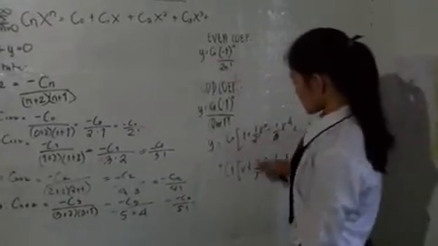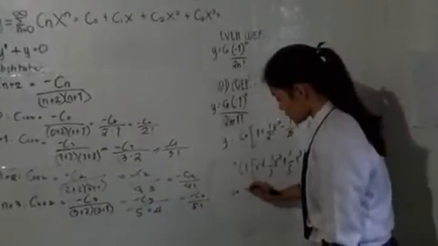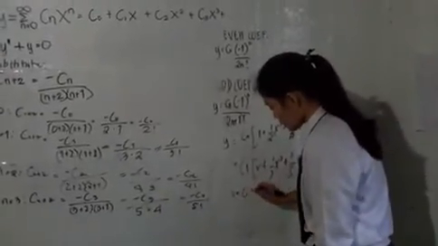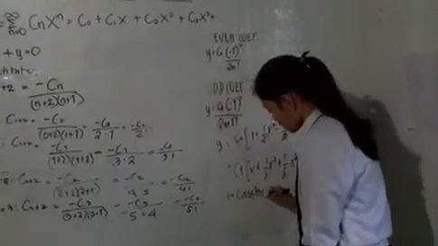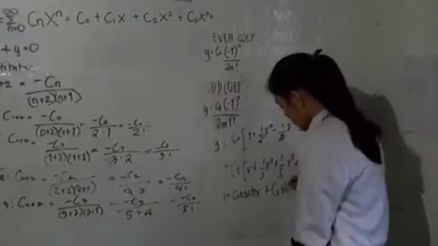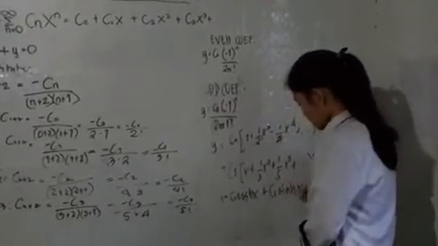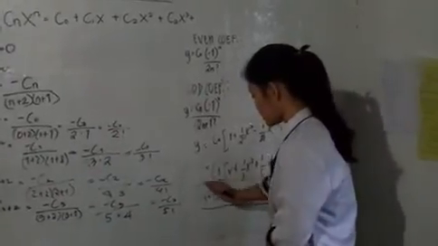Now, as we notice, this can also be equal to the transcendental function. Y is equal to C0 hyperbolic cosine x plus C1 hyperbolic sine x. This will be our final answer.